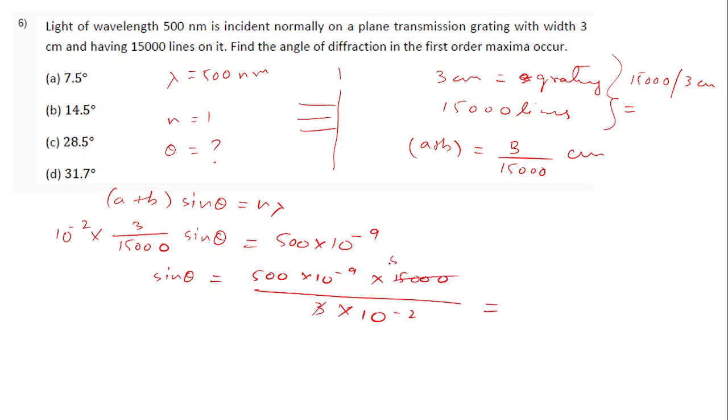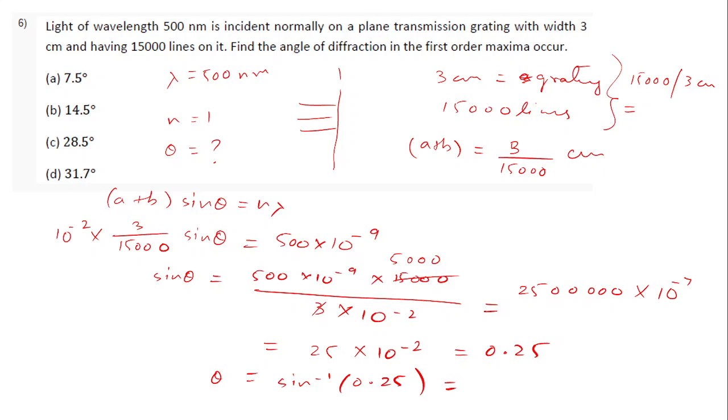This will be 525, and this will be minus 9 plus 2, meaning minus 7. So it's 25 and 10 to the minus 2, meaning 0.25. Theta will be sine inverse of 0.25, which is 14.5 degrees. The correct answer will be 14.5 degrees.